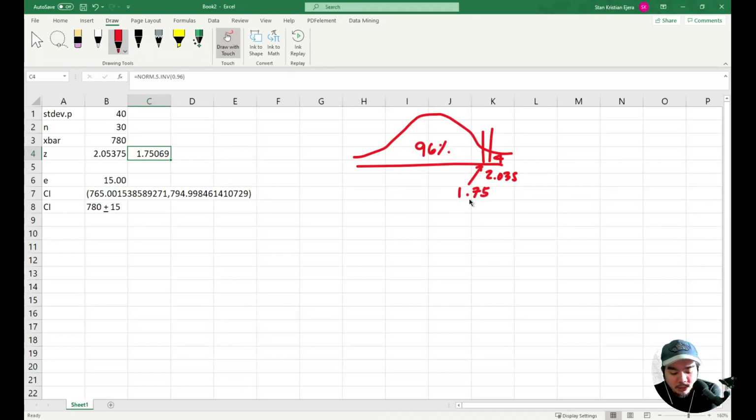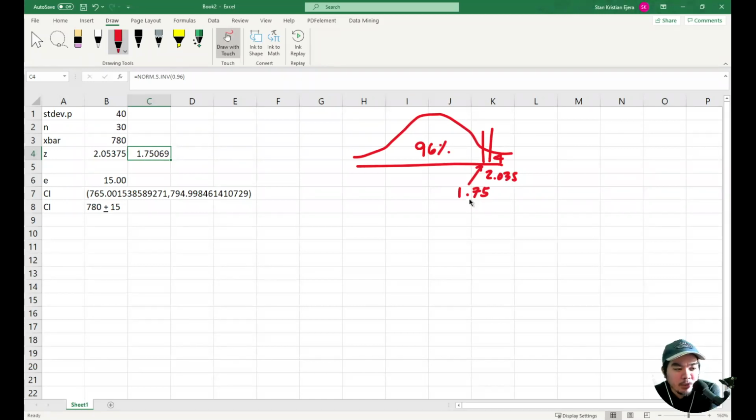Tapos gusto natin na mahanap yung interval for which naglalay yung true mean such that hindi siya nagpa-fail. Parang ganun. So if that's the case, then hindi tayo masyadong interested sa upper limit, no? Kasi anything higher will be already acceptable. Okay, so ang mas interested tayo is ano yung lower limit na yun. Tama?